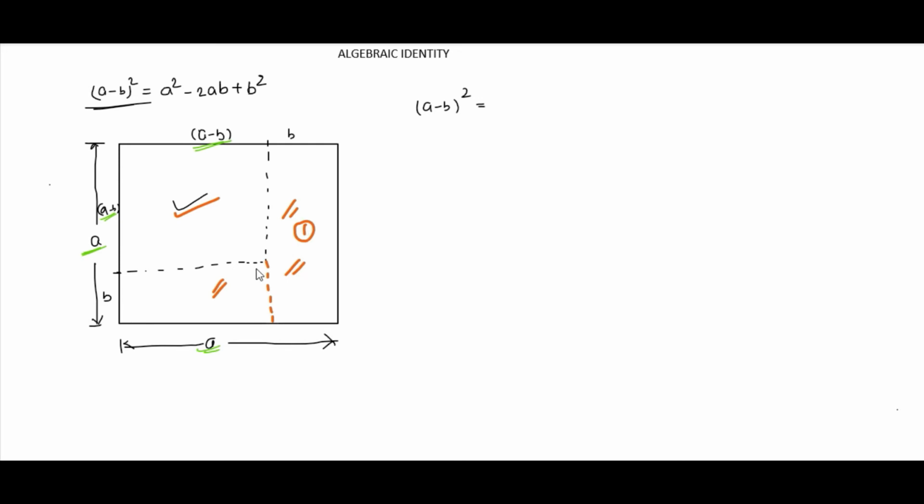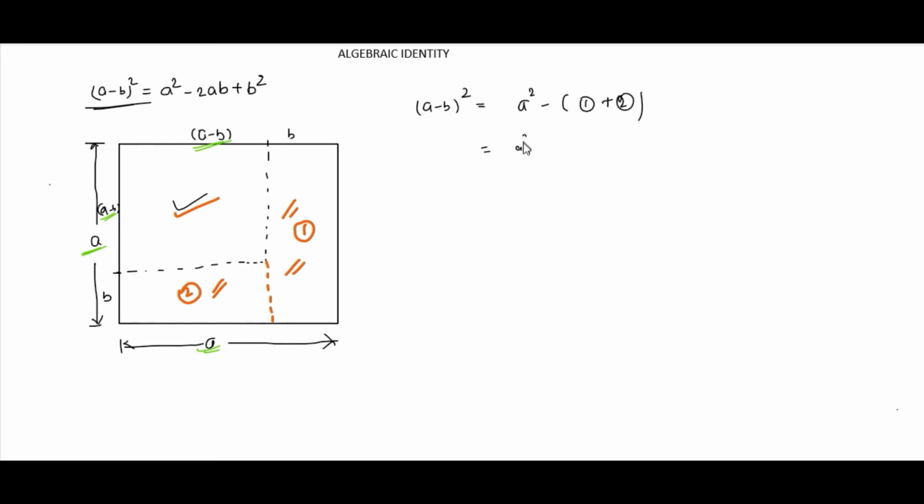This is rectangle 1 and this is rectangle 2. So (a minus b) whole square can be calculated by subtracting these two rectangles from the big square. So we can write it as a square minus (area of rectangle 1 plus area of rectangle 2).